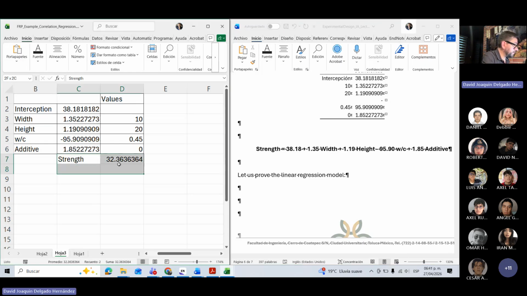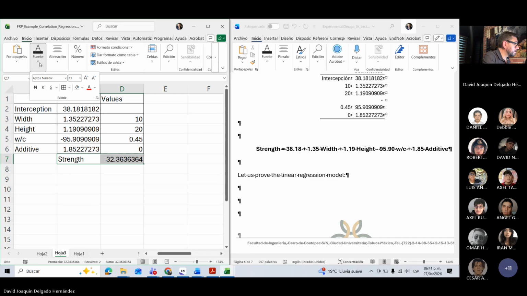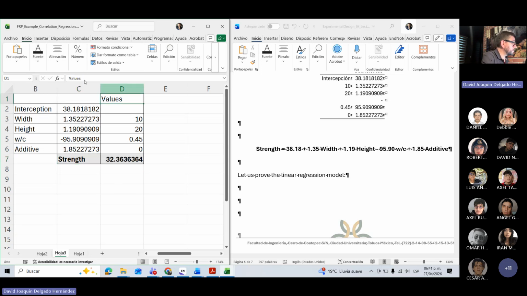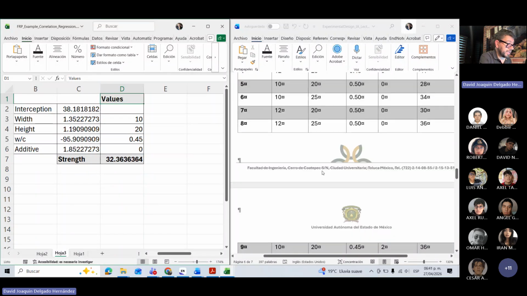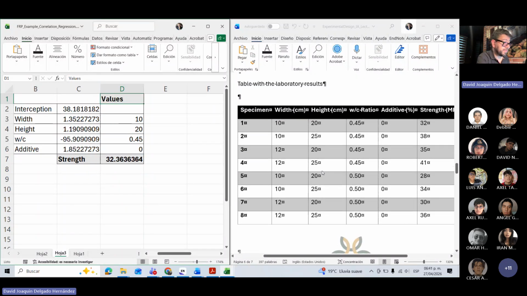Let me put it here. And let me use this here and this. These are values. Okay. Perfect. 32.36. And the actual value was 32.